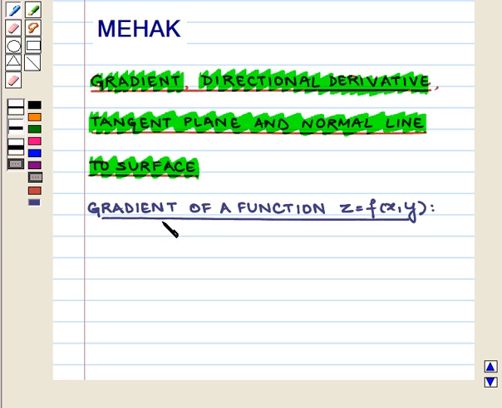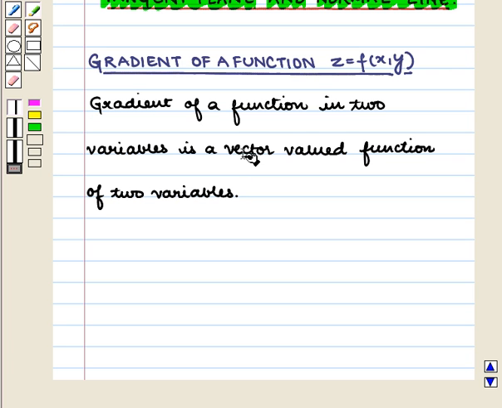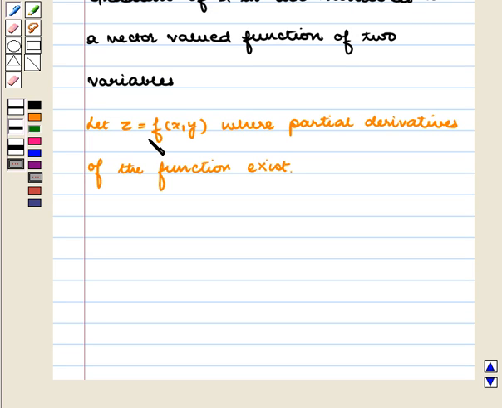Let us first discuss gradient of a function z is equal to f of xy. The gradient of a function in two variables is a vector valued function of two variables. Let z be equal to f of xy, where partial derivatives of the function exist.